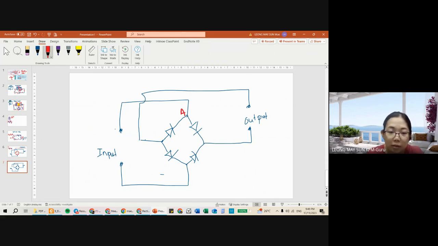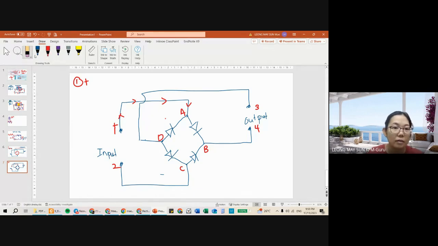I'm gonna label this as A, B, C, D terminals. Input, this is 1, this is 2, here's 3 and 4. Okay? When 1 is positive, current will move from 1 towards A. Alright, current will move from 1 towards A. And then there's a diode.